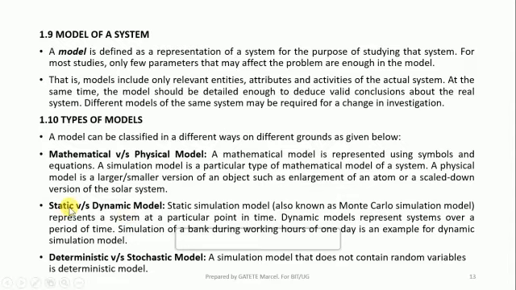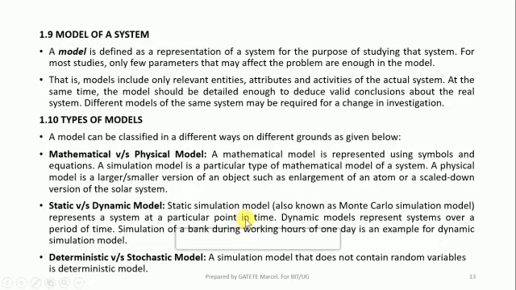You can have also a static model or dynamic. A static simulation model, it is called also Monte Carlo simulation model. It represents a system at a particular point of time, static. For example, at 9 o'clock.